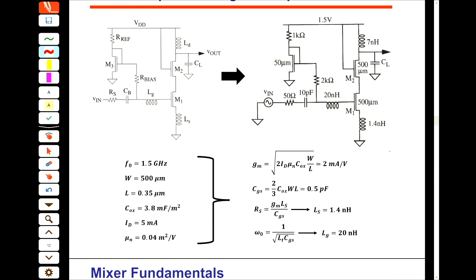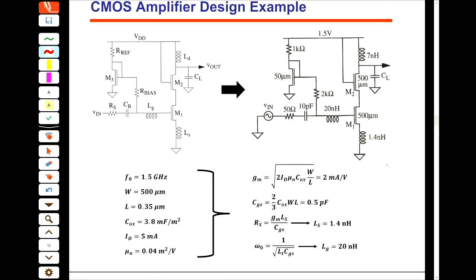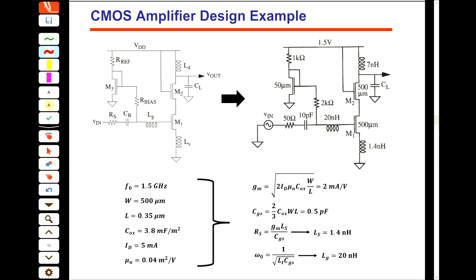If we look at an example, assume that we have a transistor, we want to work at 1.5 gigahertz. So the frequency of operation is given, and the W and L, C oxide and mu n are given.